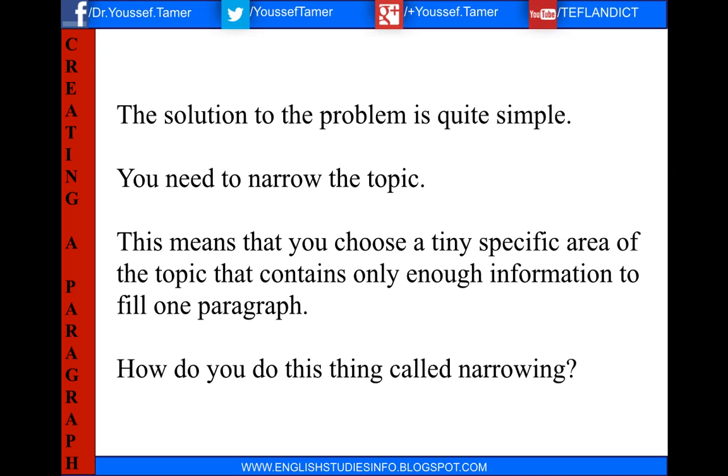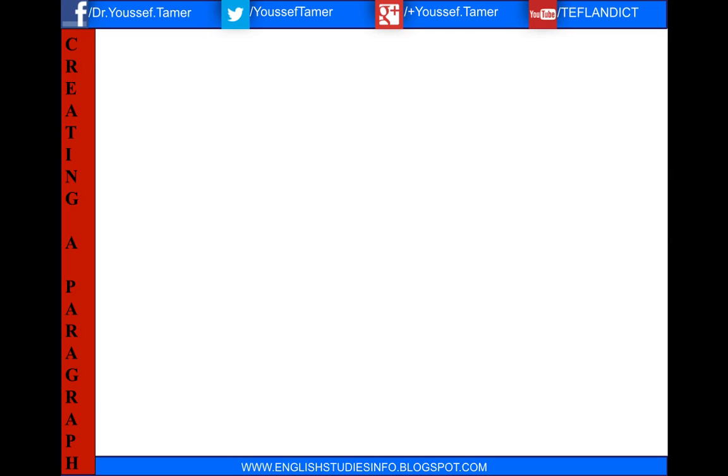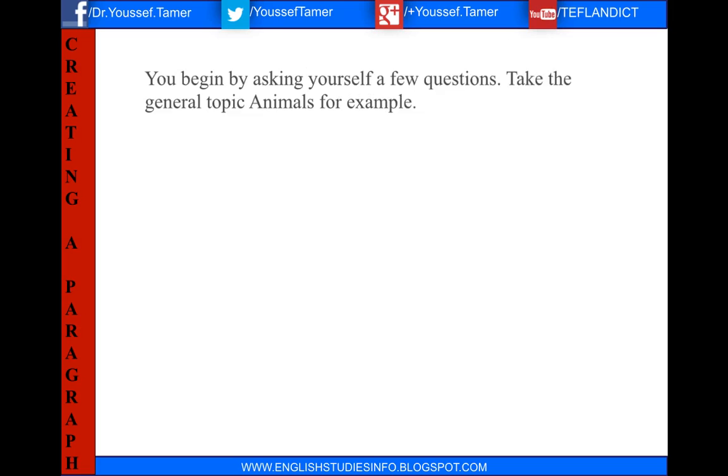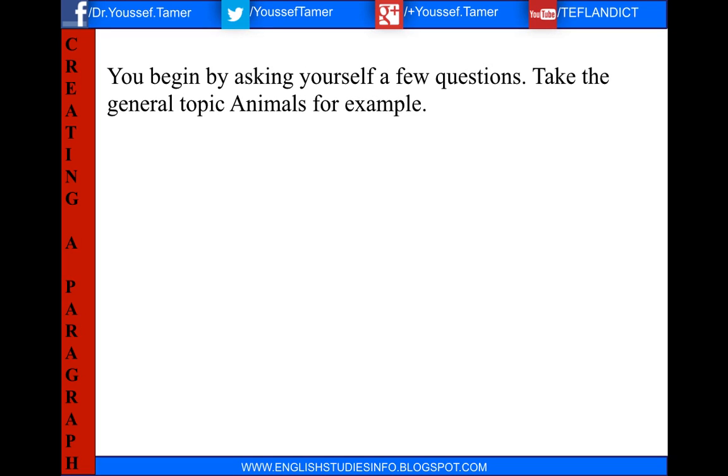How do we do this thing called narrowing? So now we are going to start narrowing the topic of animals as an example. You can do that by simply asking yourself a few questions. And you remember I told you about the idea of stimulus and response in human psychology? Because the brain works that way.